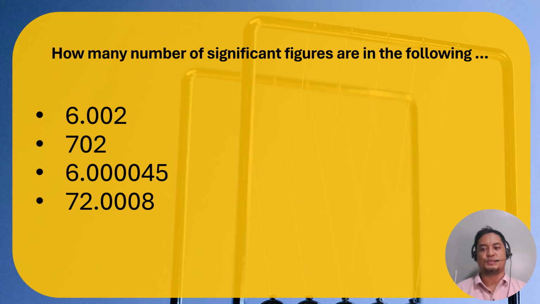Let's focus on the zeros there. If you notice, zeros are situated in the middle, in between non-zero digits. I want you to pause for a while and try to guess how many significant figures.